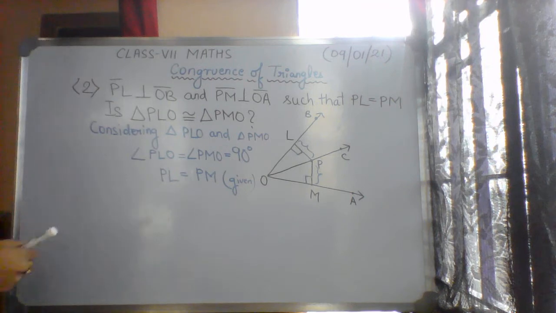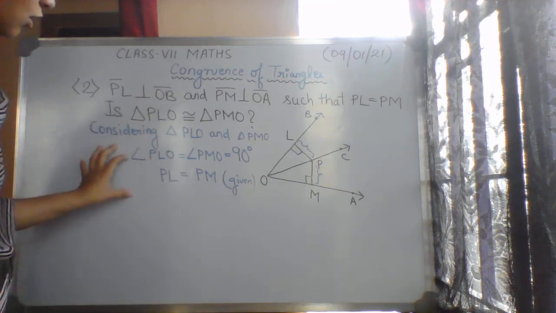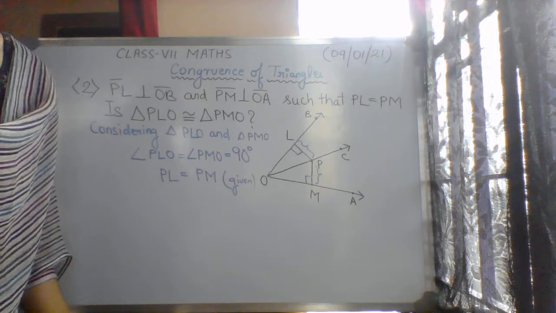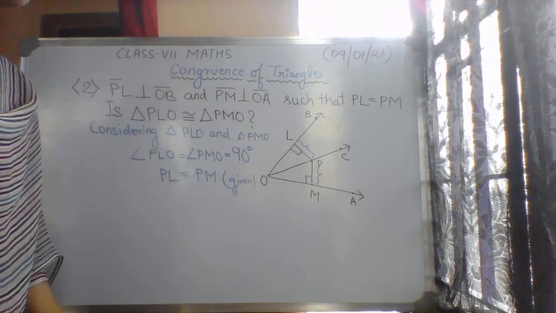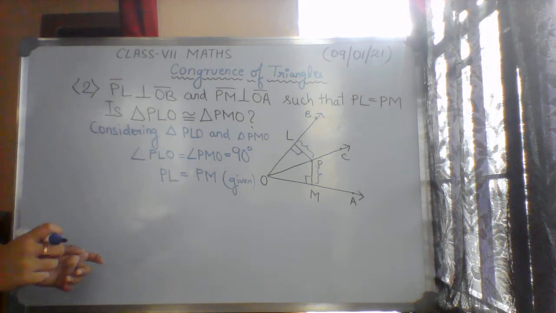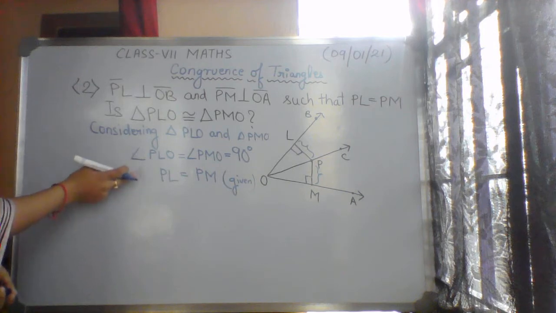If three criteria are fulfilled, we have to write the three corresponding things that are equal in these two triangles to get the criteria for congruence. So two of them are already given in the question.